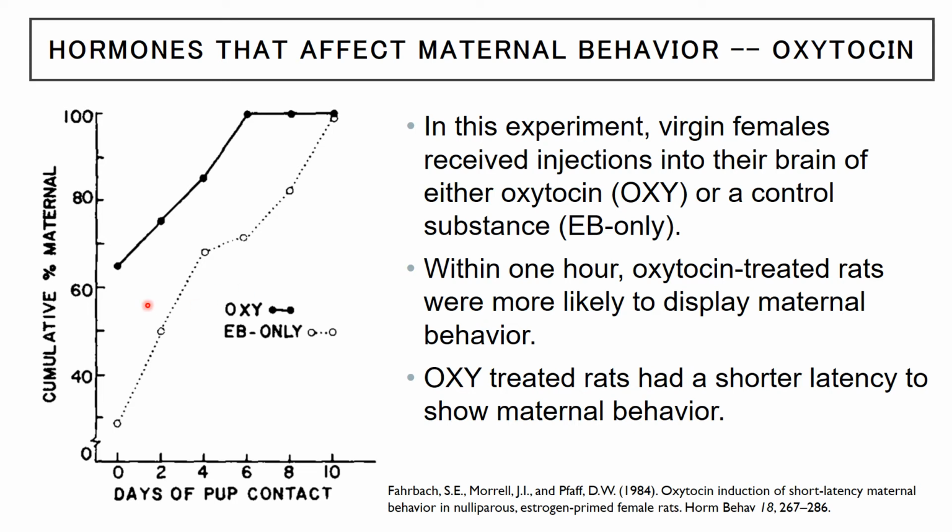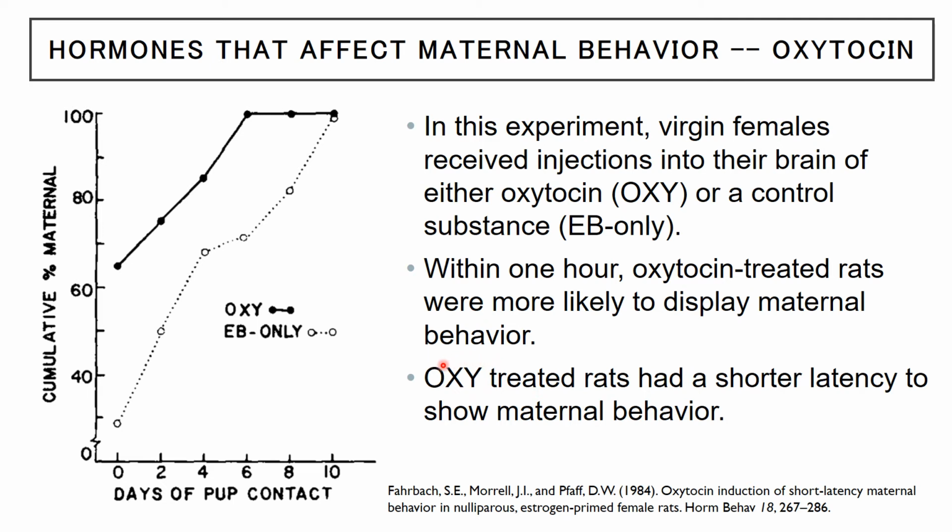And then we're looking at the cumulative changes over days of pup contact. So with controls, normally it takes about 8 days for the naive females to show maternal behavior, right? Over time, you're going to see more and more females showing maternal behavior, and eventually they will all be doing it after about a week or so.